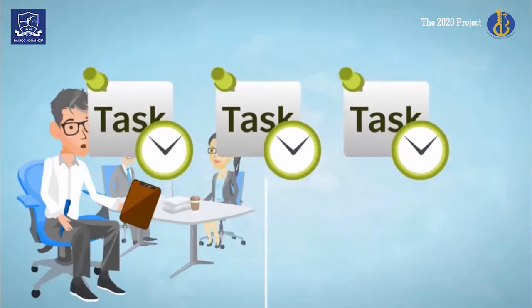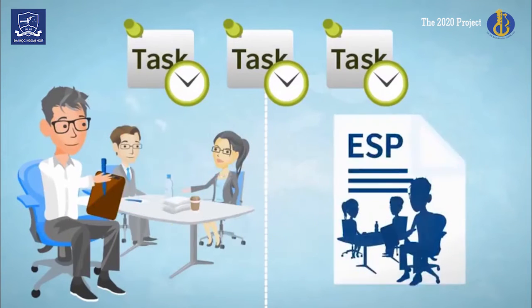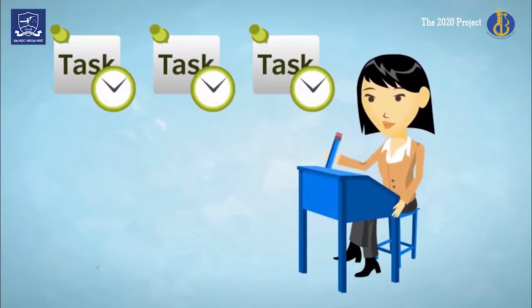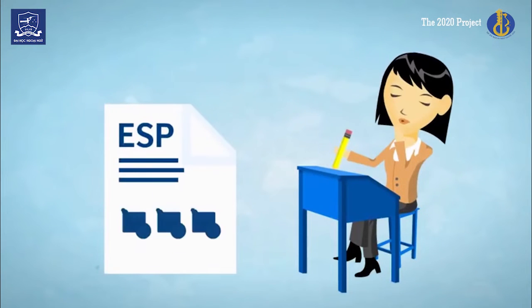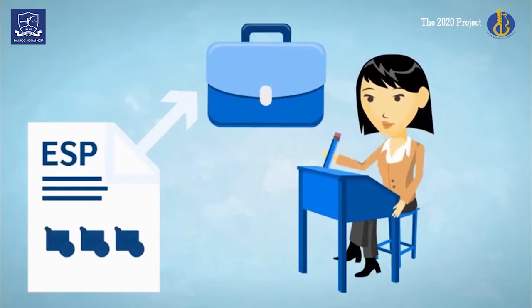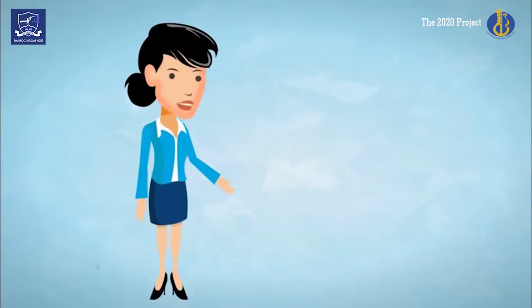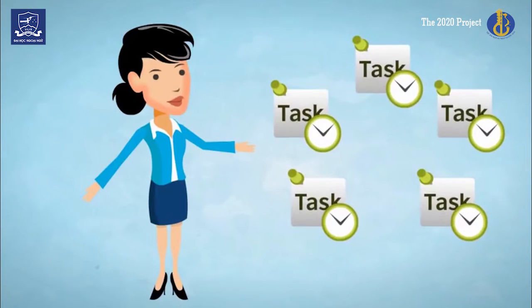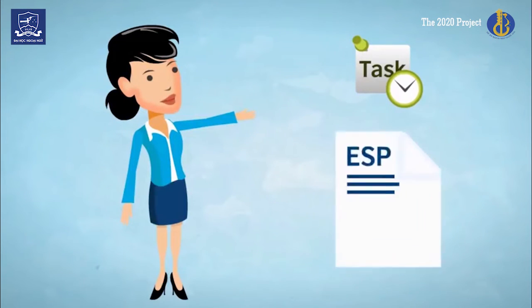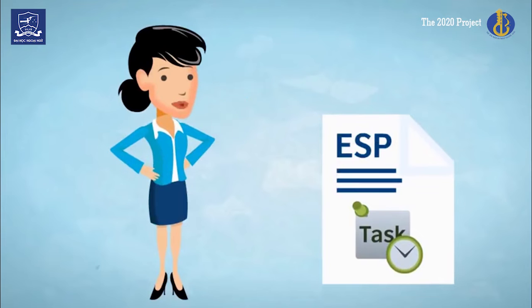Test tasks were then designed to reflect these authentic workplace contexts. When test takers later performed these tasks in an ESP test, we were able to predict how they might perform similar tasks in their job. Of course, it's not possible to cover every type of task in all business contexts, so we can only include a sample of tasks in any single test. But then, this is true of all tests.